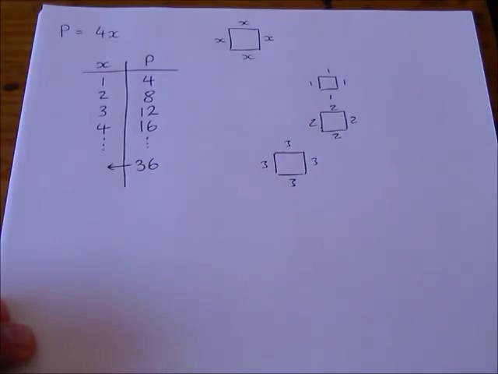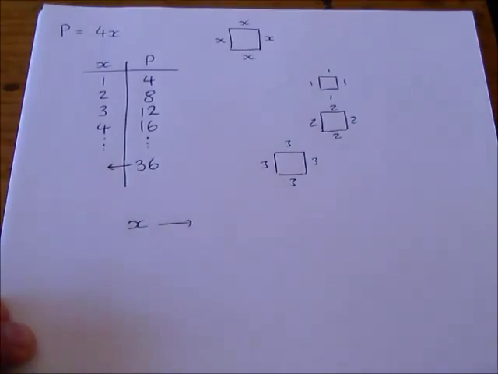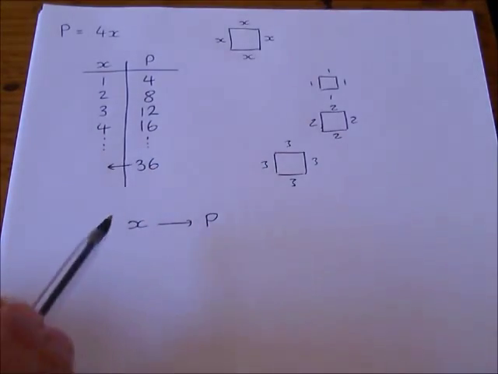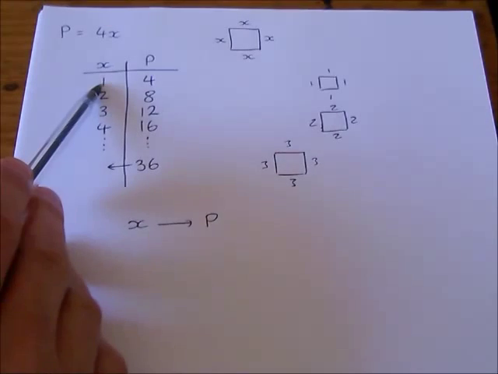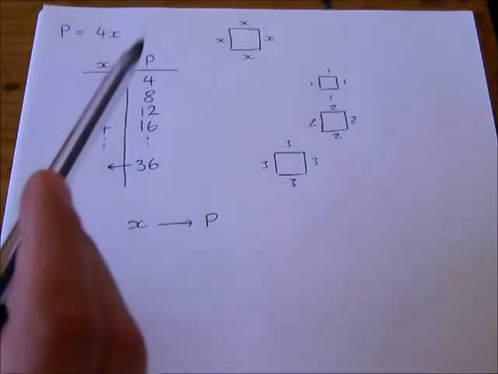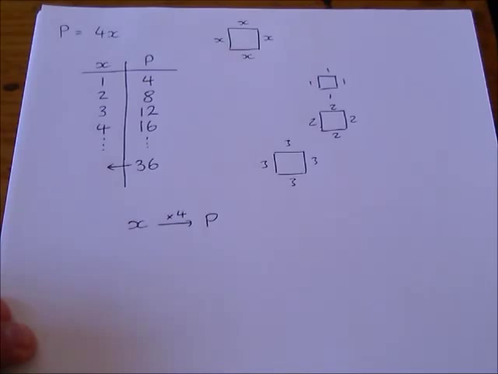Let's have a look at a little number machine or flow diagram to explain what I was doing. I was taking the number in the X column and I was multiplying it by 4 to make the number in the P column.